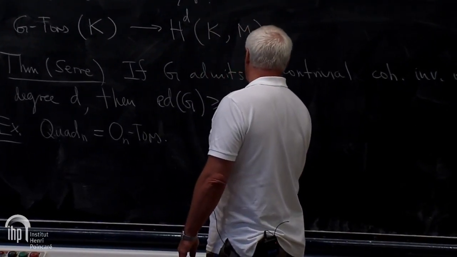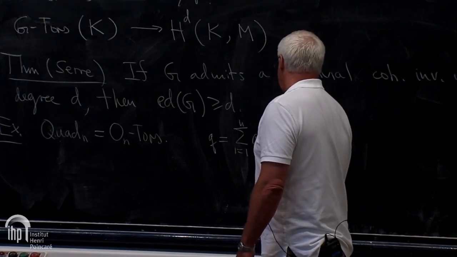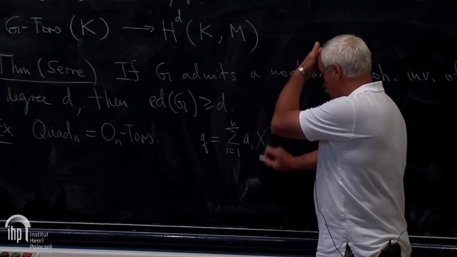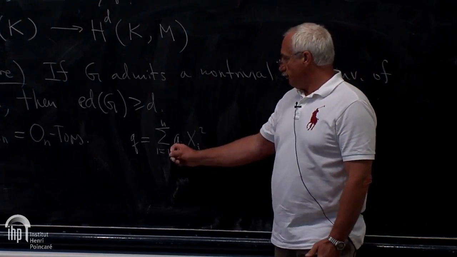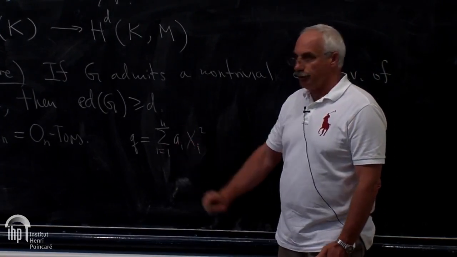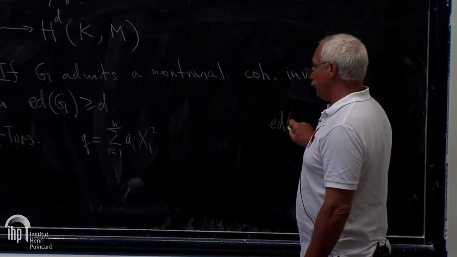So it's a sum of squares with coefficients. Immediately from here we see that every form is defined over a field generated by the coefficients, so the essential dimension of this functor is at most n.